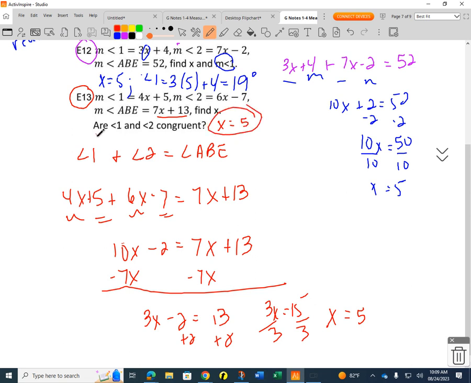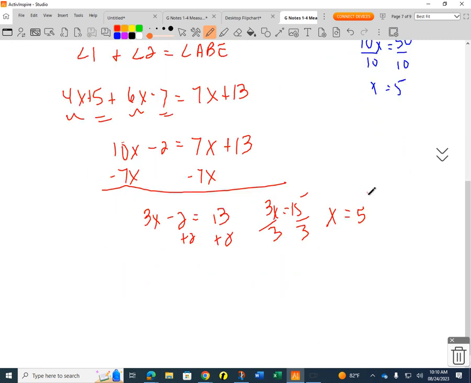Now, it asks me if these two angles are congruent. So how can I determine if angle 1 and angle 2 are congruent in this example? What do you think? How can I determine if they're congruent? Expression. So we're going to call that an expression. Yes. So let's plug in 5 for both expressions. So for angle 1, it's 4x plus 5, right? Angle 1 is 4x plus, is it 5? Yes, plus 5.